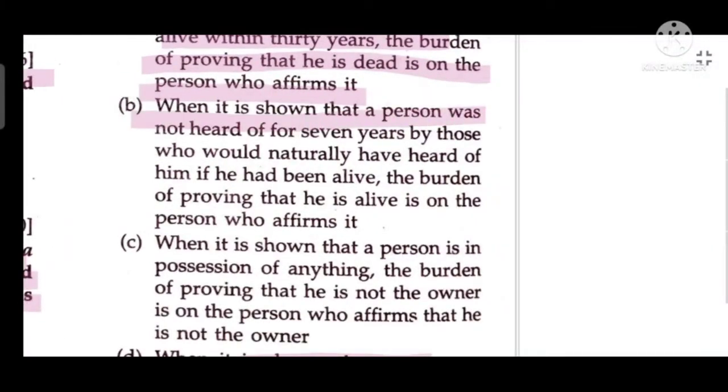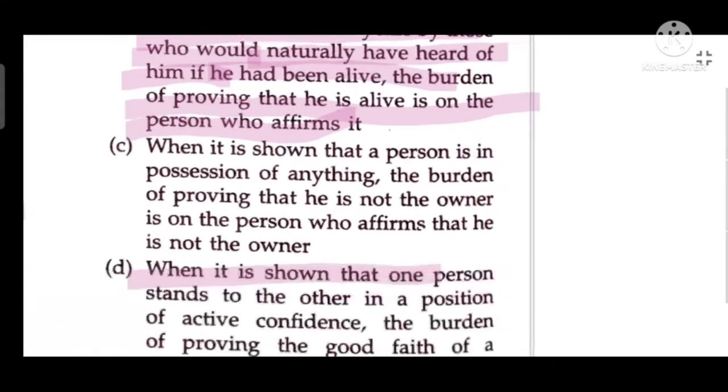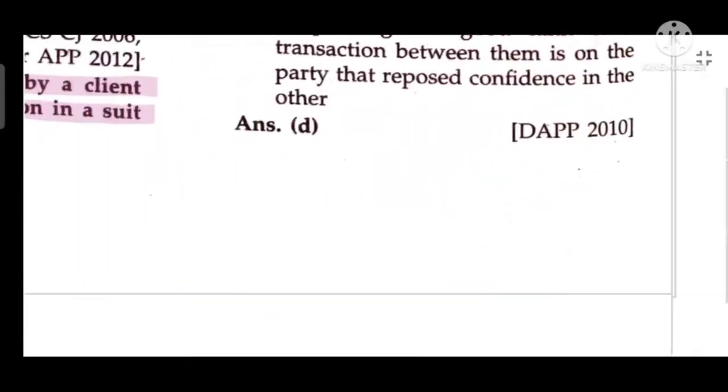When it is shown that the person has not been heard of for 7 years by those who would naturally have heard of him if he had been alive, the burden of proving that he is alive is on the person who affirms it. When it is shown that a person is in possession of anything, the burden of proving that he is not the owner is on the person who affirms that he is not the owner.